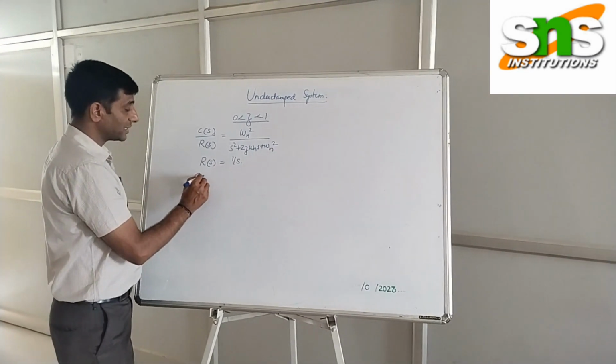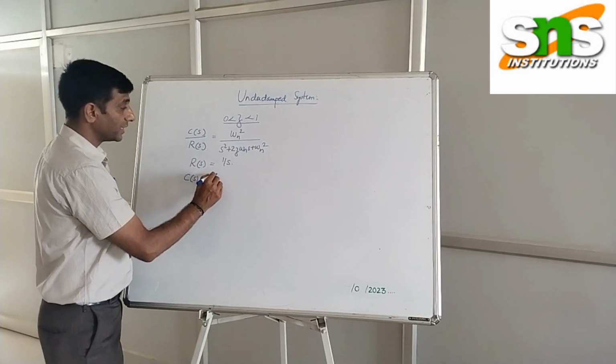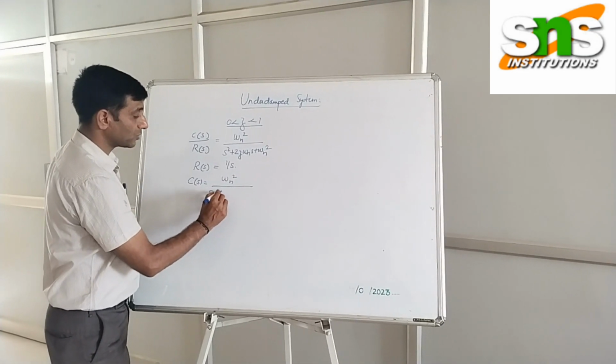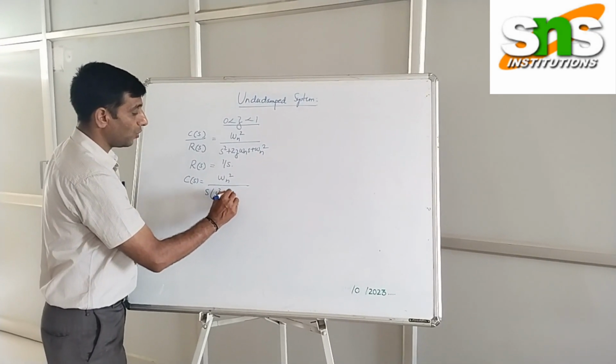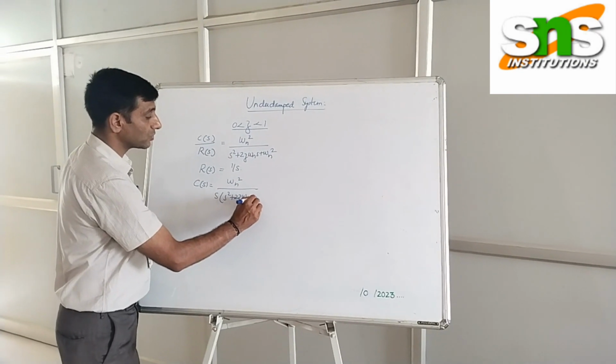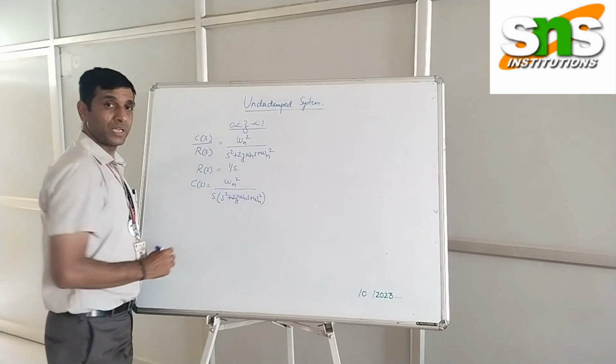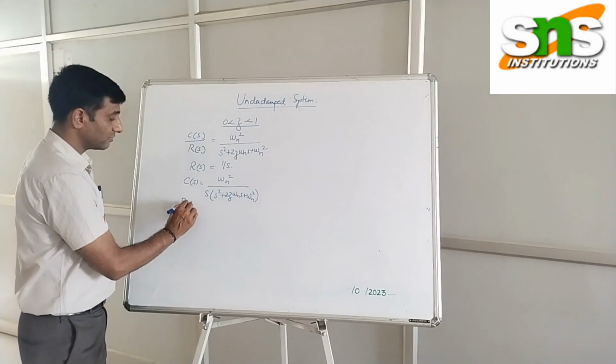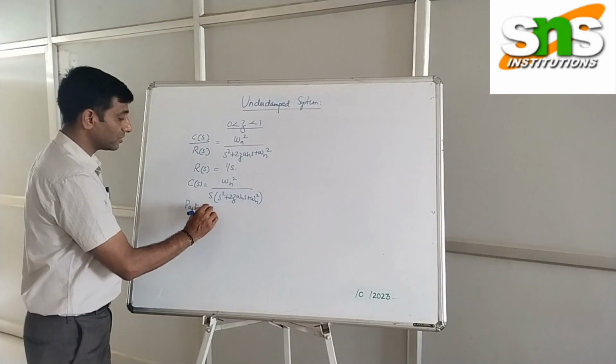Therefore C of s is equal to omega n squared divided by s into s squared plus 2 zeta omega n s plus omega n squared. Now we have to apply partial fractions in order to split the terms.